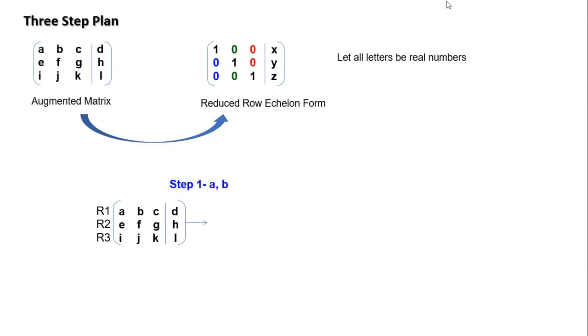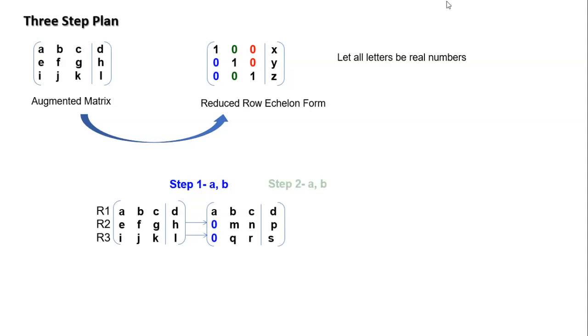All right, so step 1. I want to get a new row 2 and new row 3 and make those 0. To do that, I'm going to use row 1. Here I want the row 2 and row 3 entries under A to both be 0. That's the first step.